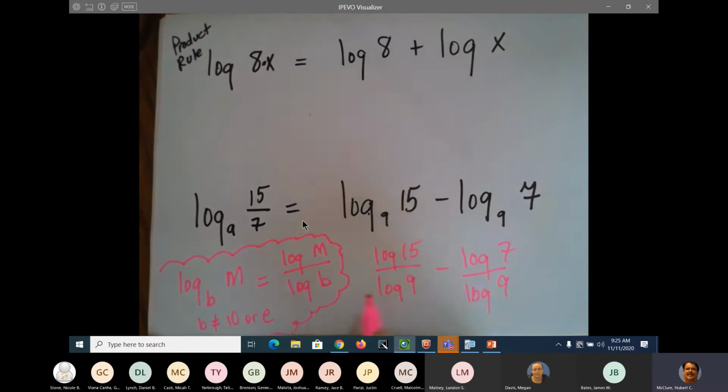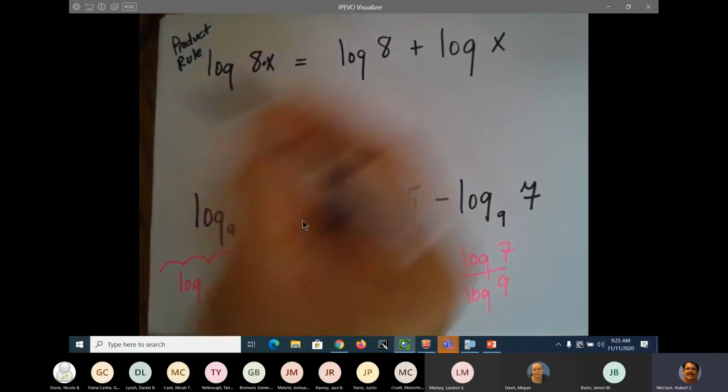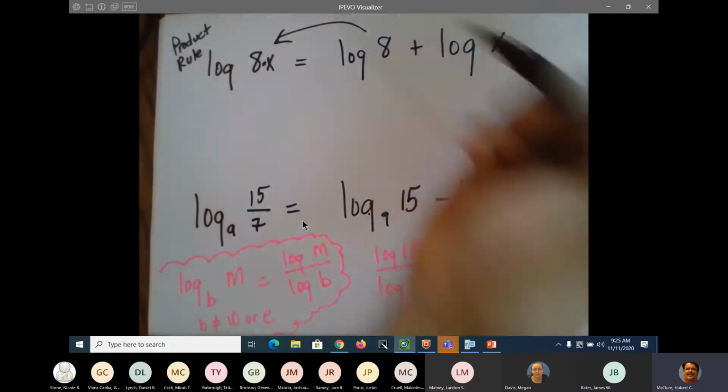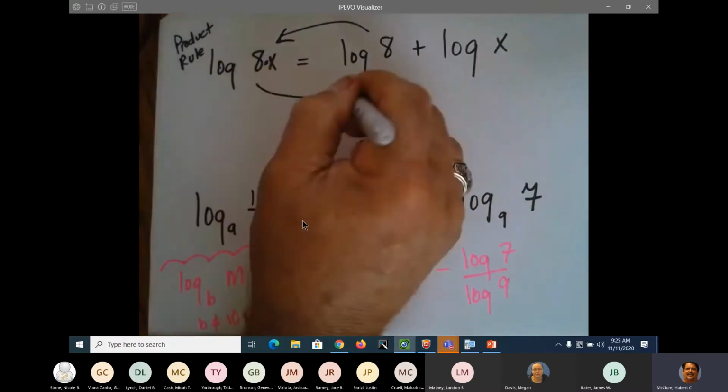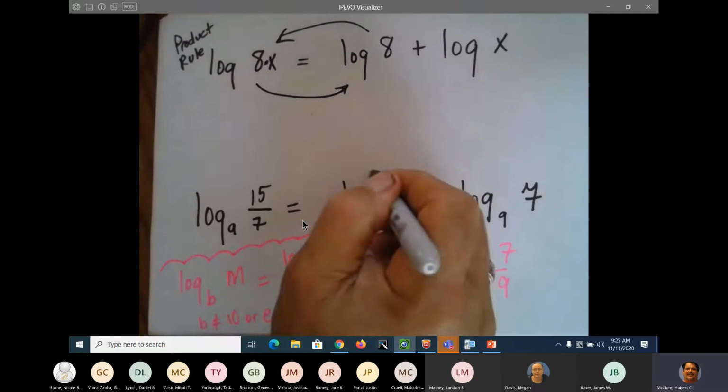So this is for the future, this change of base formula. Okay, so that's how you use it, and you can go both ways. If you're given a problem like this, you can change it into that. And if you're given a problem like this, you can change it into that.